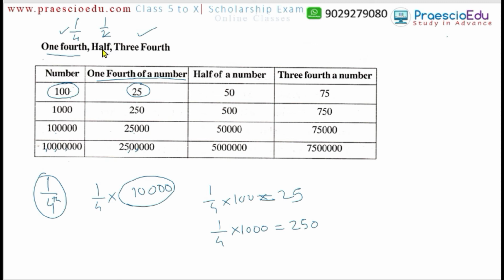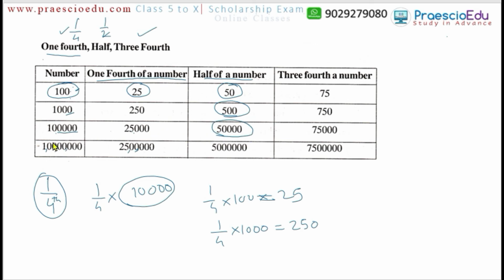In the same way, divided by 2, or we can say multiply by 1 by 2, that will give the half. So half of the number, suppose 100 here, what will come? 50. Half of 1000, 500. Half of 1 lakh, here 50,000. Okay, means half of that one.